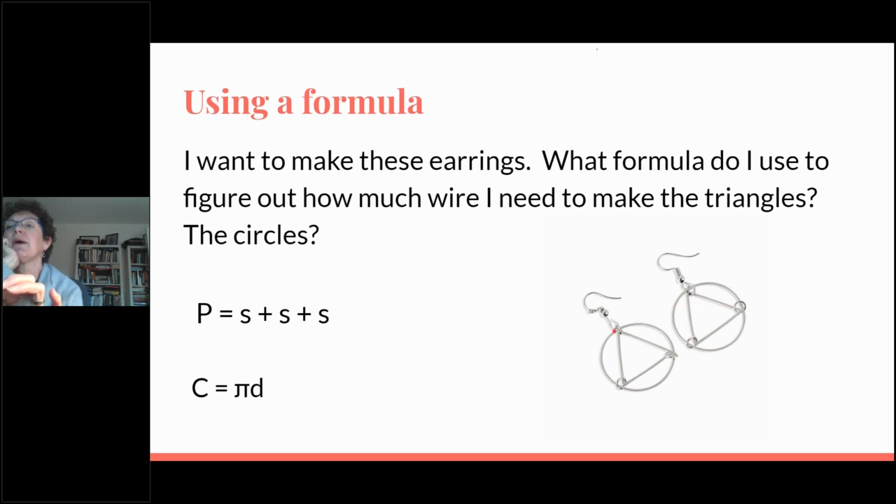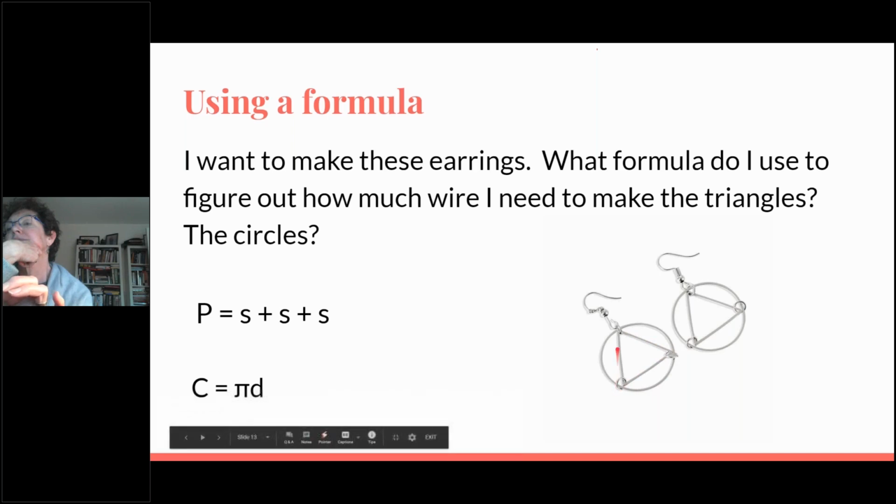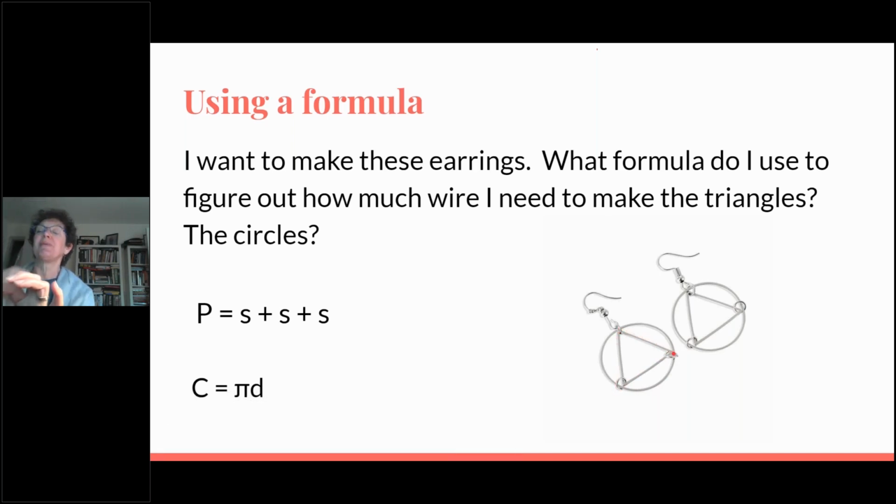And then we'd have to figure out what is the diameter, which we don't know. It is possible to figure out if we know this, but that's a little bit beyond what we're doing right now. Right now we don't know the diameter, because this length is neither the diameter nor the radius.